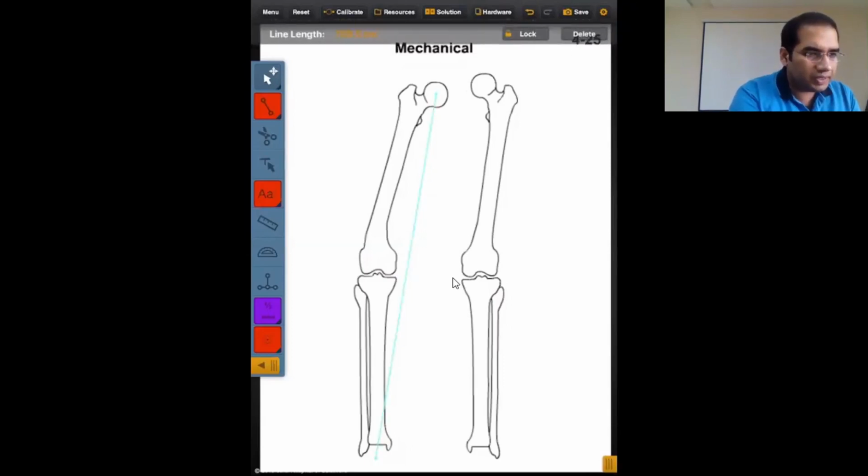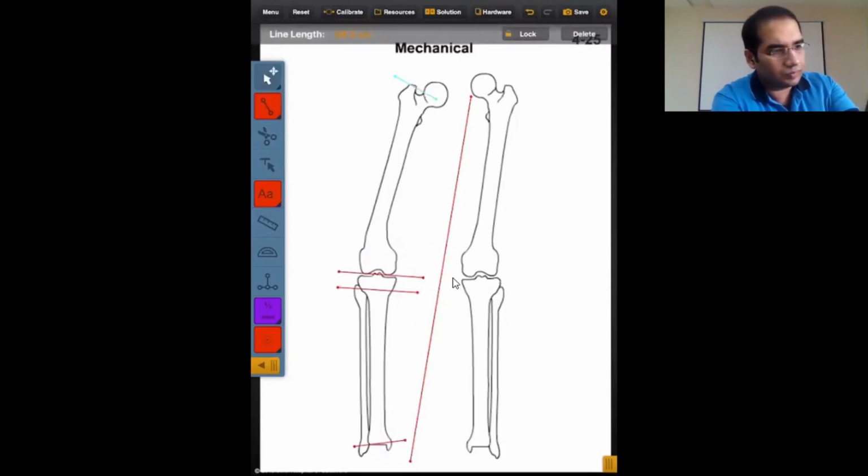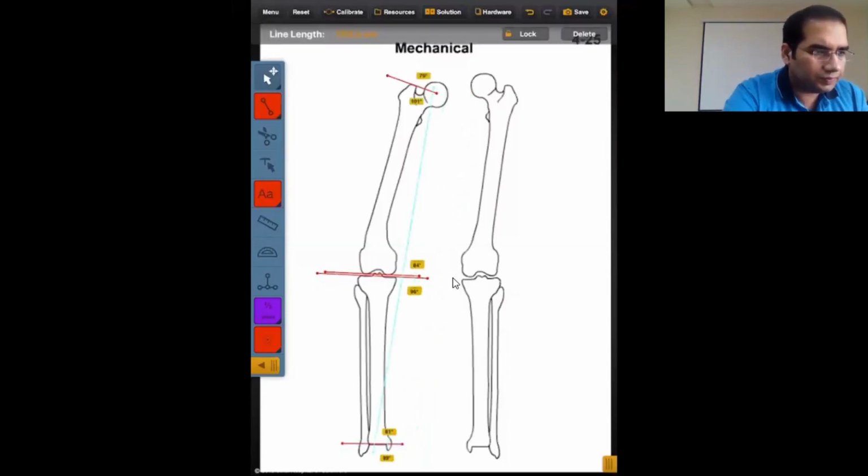The next component is drawing the joint orientation lines. Okay. Now we have drawn the joint orientation lines.